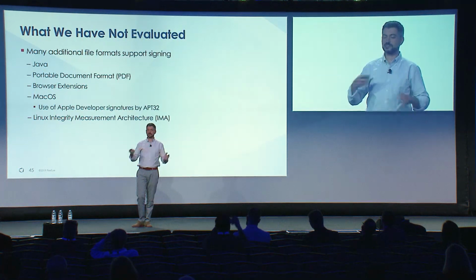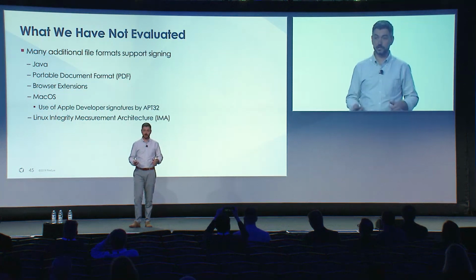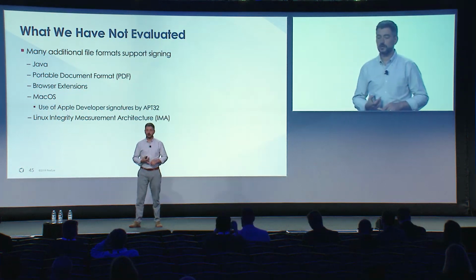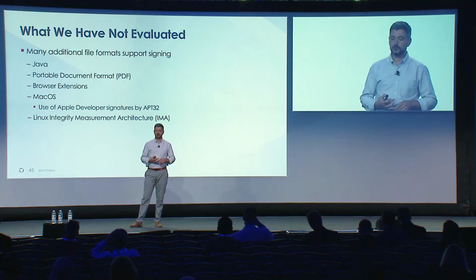So what are things that could be signed that we didn't look at? There's a lot. Java packages can be signed. This includes mobile stuff like Android APKs, PDFs, browser extensions. Mozilla and Google both ask for signing on browser extensions now. macOS, we talked about Gatekeeper a little bit.